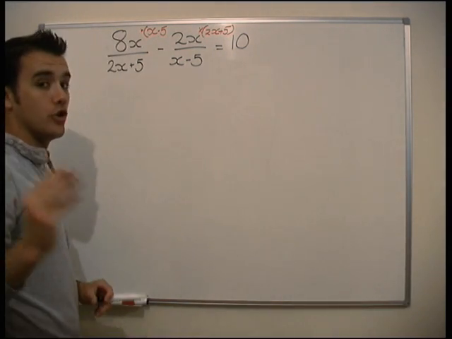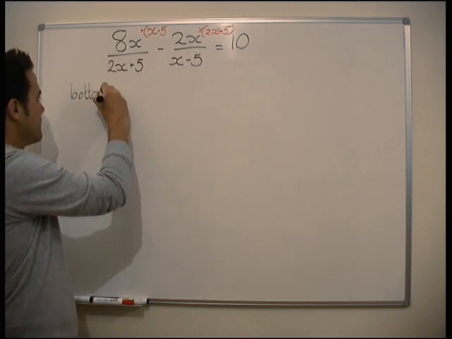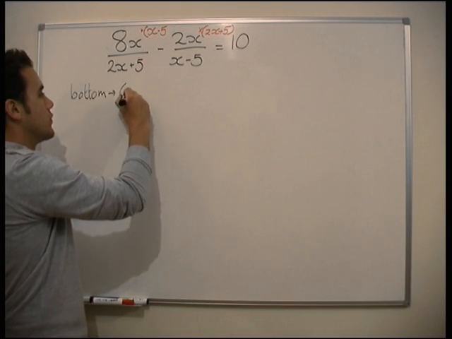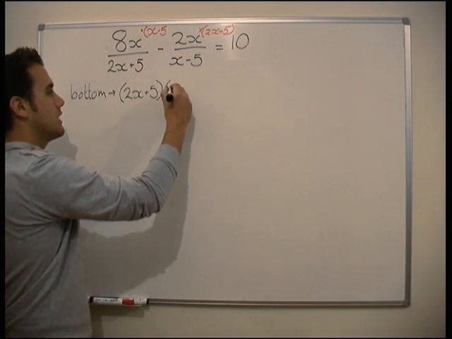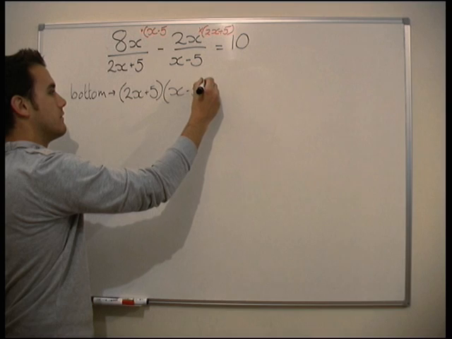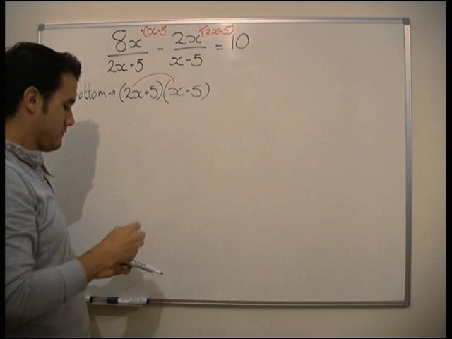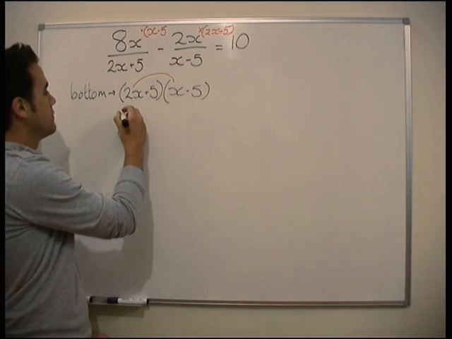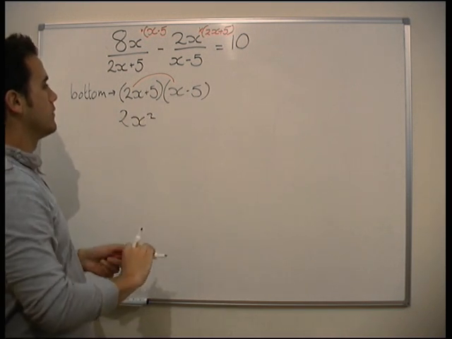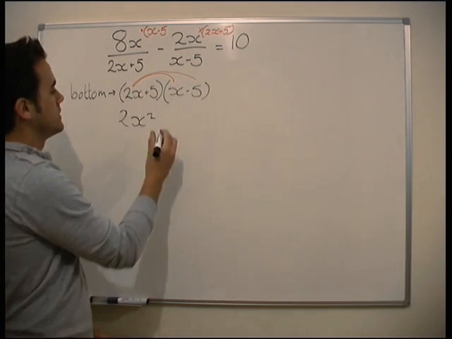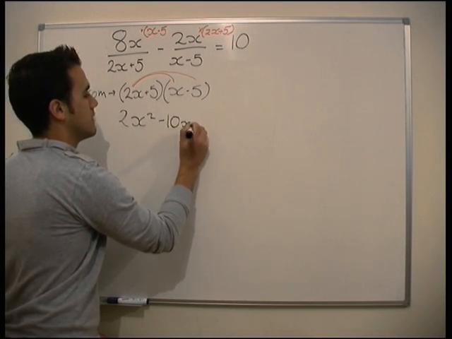Let's work out what we're going to have as our denominator. So we're going to get 2x plus 5 brackets x minus 5. But you're glad you practiced these now. So we've got 2x times x, which gives us 2x squared. We've got 2x times minus 5, which gives us minus 10x.